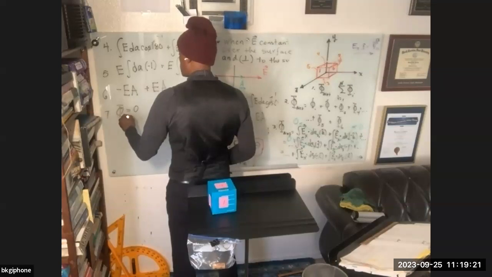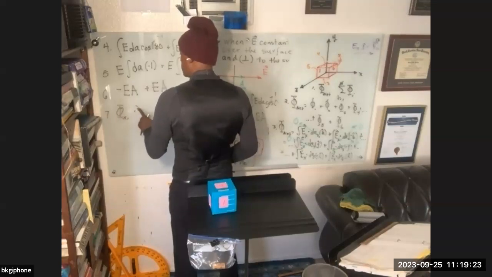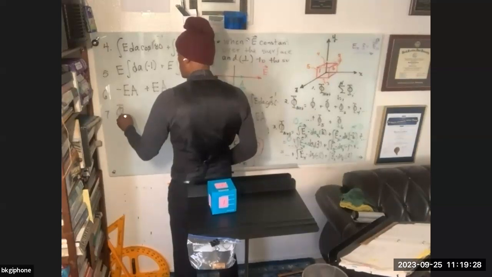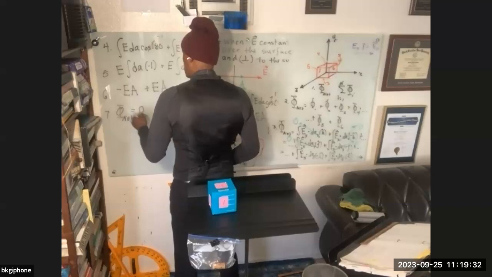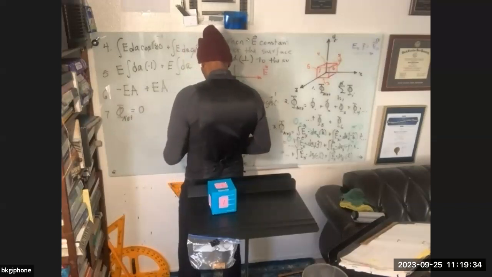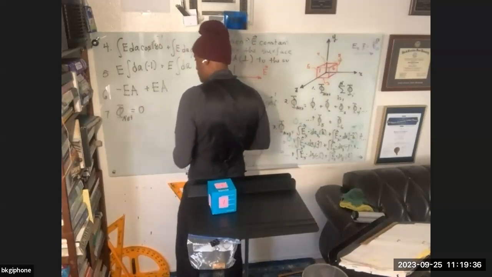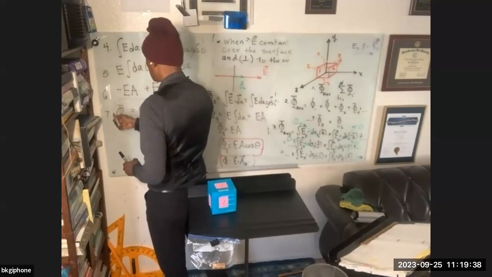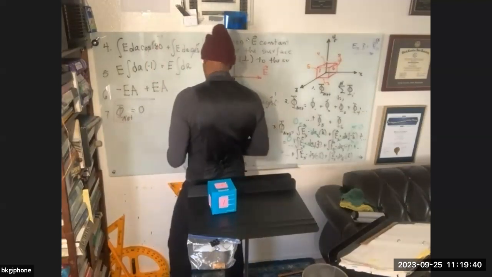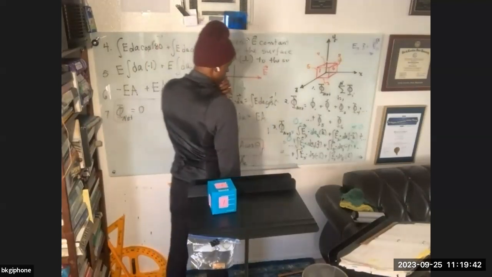The net flux for a closed surface, well, we should say that a little carefully. The net flux of an external field over a closed surface is 0 in this case.